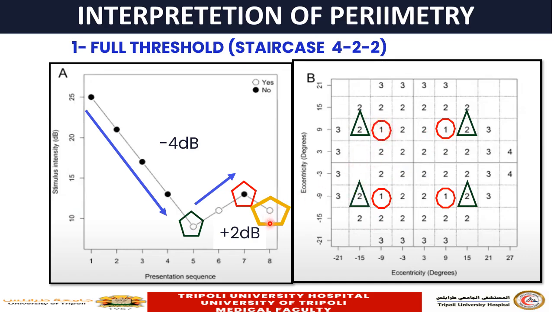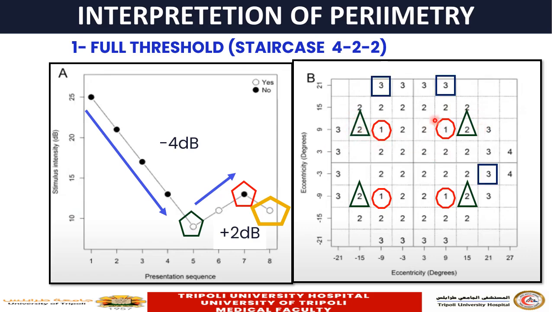For example, the sensitivity determined in area number 1 is around 12 decibel. So in this spot, it will not start from 25. It will start from 12 decibel and do the same strategy here till it determines its sensitivity.